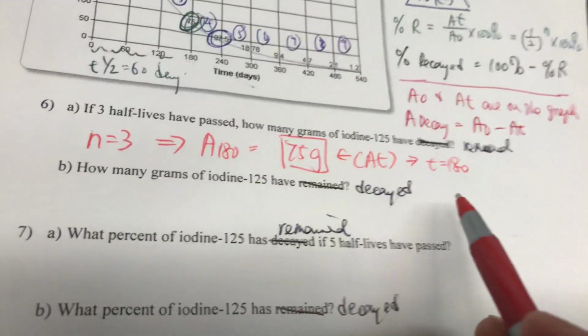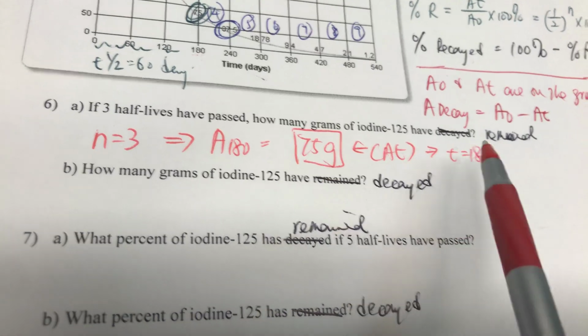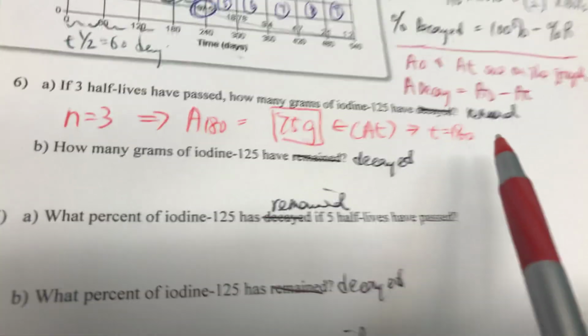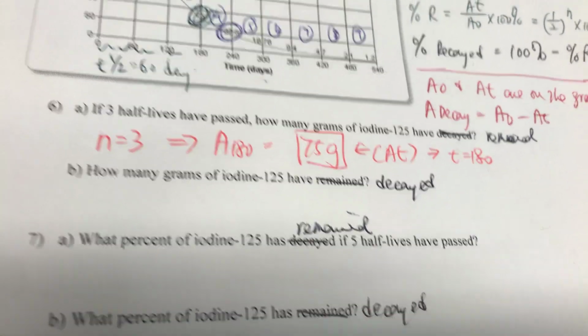Just like my T is 180. Now, if my original amount is 600 grams and 75 grams have remained, 75 grams left over, then how many grams have been gone? How many grams have decayed?